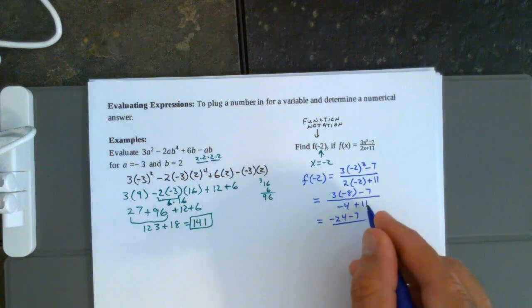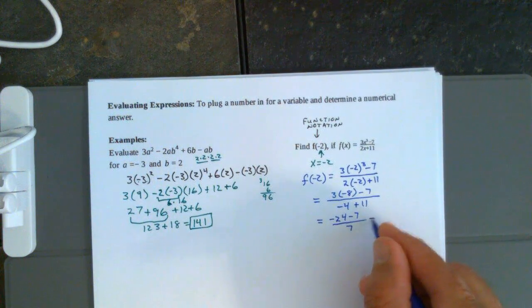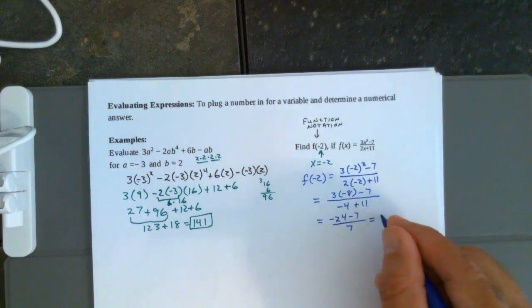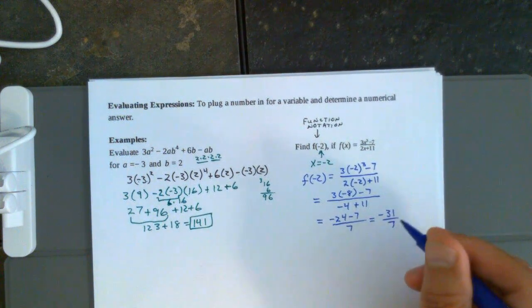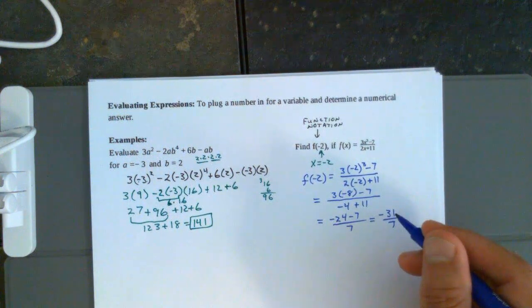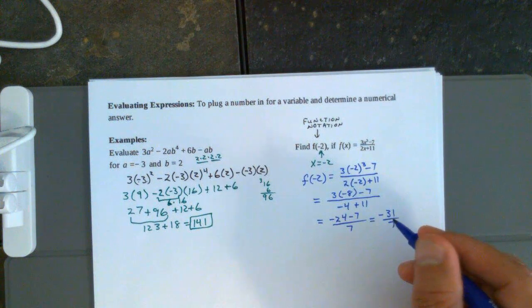In the denominator, reading it backward, 11 minus 4 is 7. And then -24 minus 7 is -31 over 7. That is your answer. Do not pick up a calculator and punch it in, because that will give you an approximation, not the exact value.